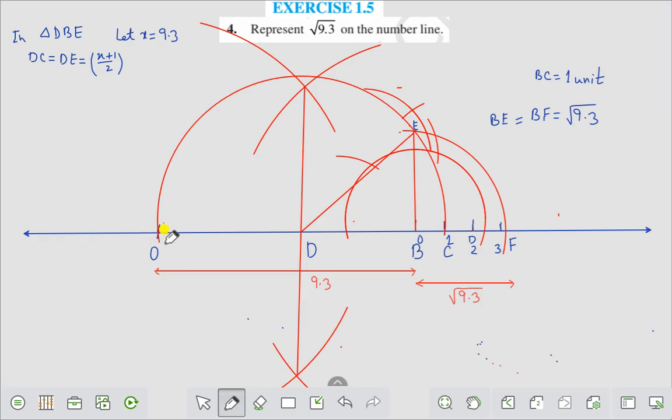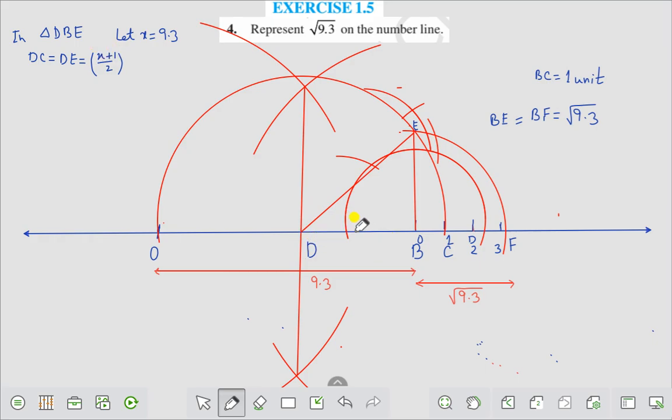Again, here you see this DC is equal to DE because both are radius of this circle, right? Here we have taken BE as root 9.3, that is x, and this BC is 1 unit. That means the value is x plus 1 by 2.